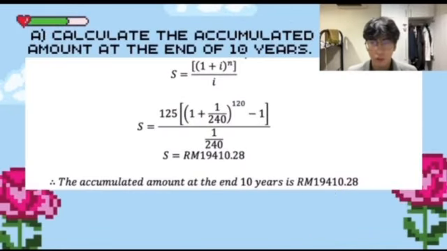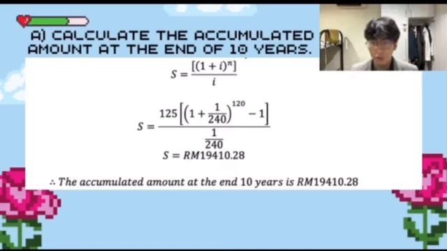For the upper fraction, 125 times the outside bracket, inner bracket 1 plus 1 over 240, close inner bracket, to the power of 120, minus 1, and close the outside bracket.